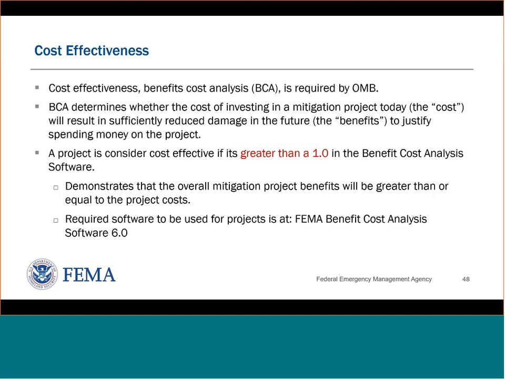In general, studies have been done nationwide multiple times, and I believe the most recent study that FEMA has had a part in indicates that mitigation projects on the whole save $6 for every dollar expended. So the BCA is the tool you use to demonstrate project cost effectiveness. Next, please.